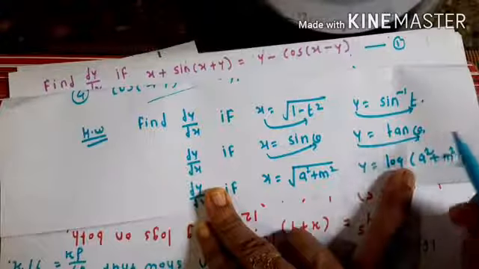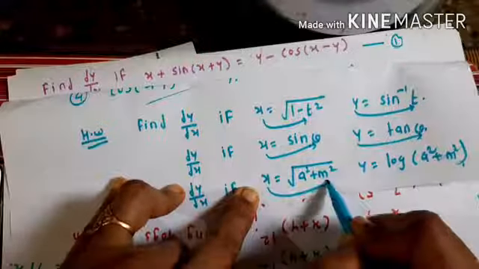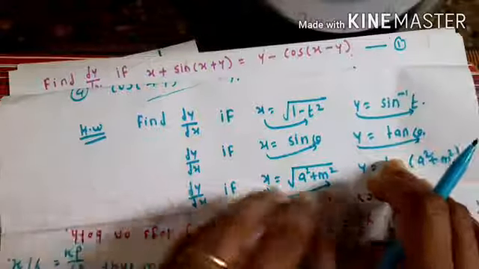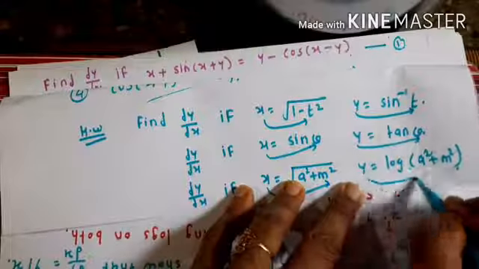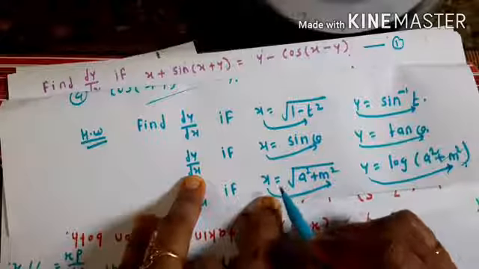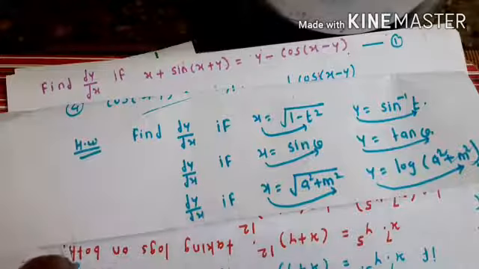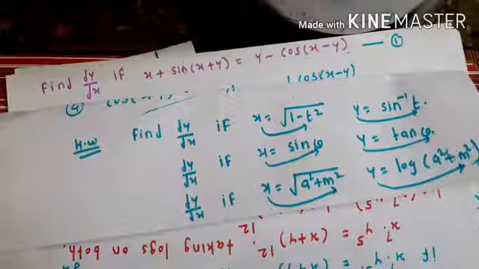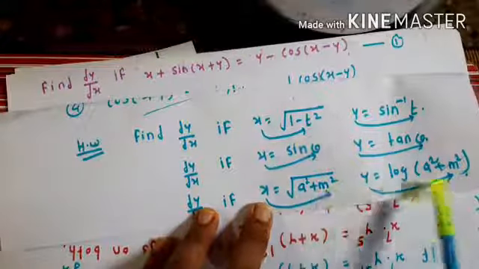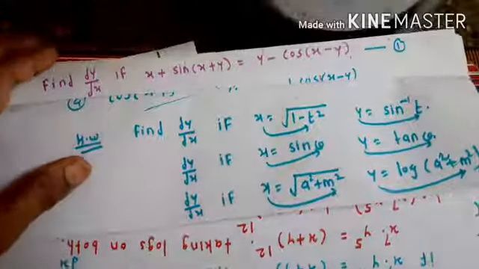Therefore dy by dx equal to dy by d theta upon dx by d theta. Here x is a variable related to m. X is function of m here, and also y is function of m. So we can take the formula and then you can solve. Then by using this, solve. Okay, if you have any difficulty, then ask me.